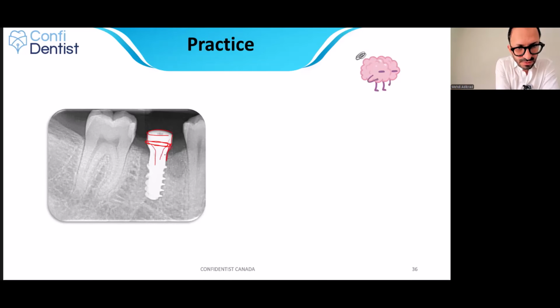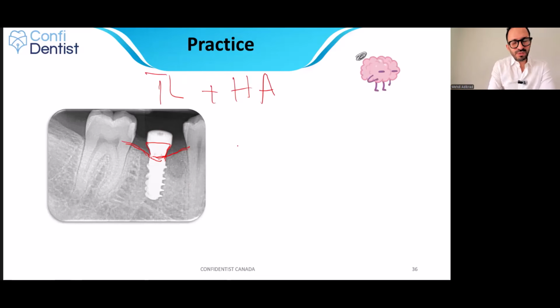Look at this design. Look at this smooth collar. So the smooth collar is placed above the bone. And this is a case of tissue level implant. I do have healing abutment. No evidence of pre-implant bone loss.